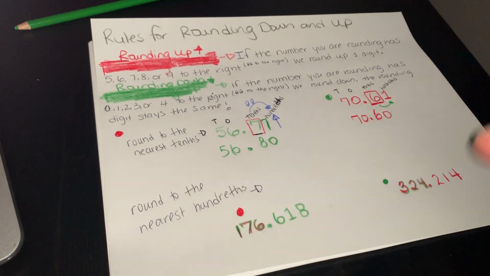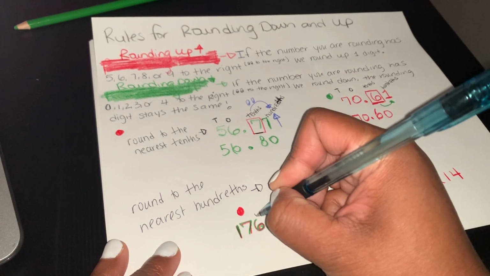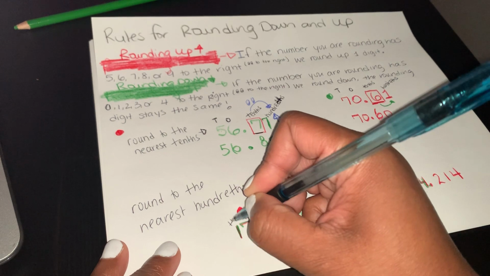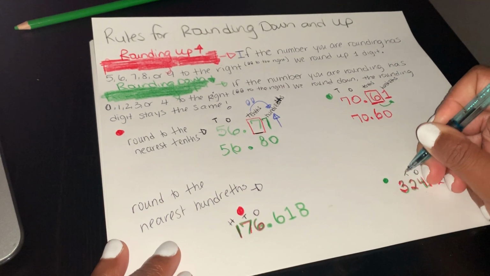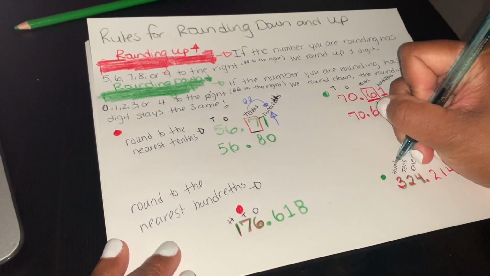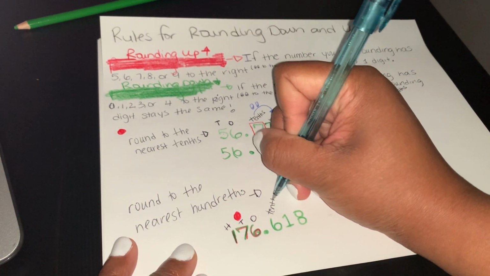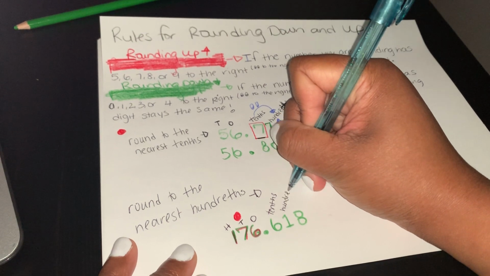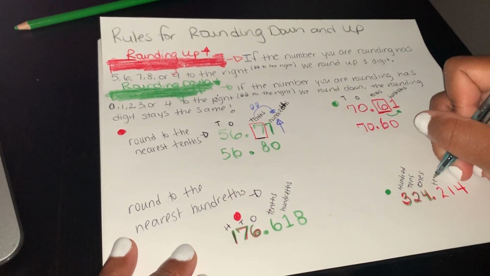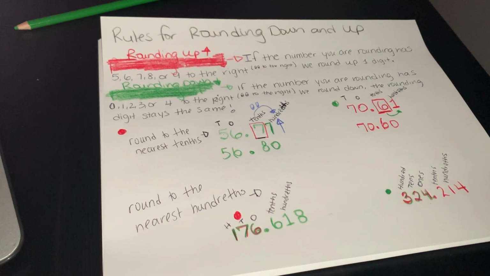Okay, now I want to label my place values just in case I need them for myself. So this is the ones, tens, hundreds, ones, tens, hundreds. And if you need to see it spelled out, here we go. Okay, and here we have tenths, hundredths. I want to give you guys some time to figure out what the next place value is.